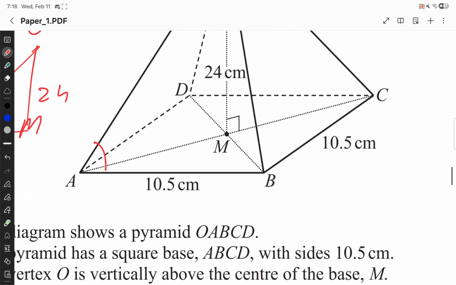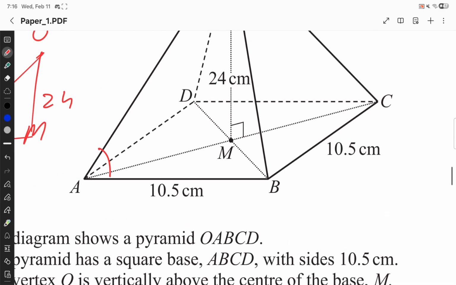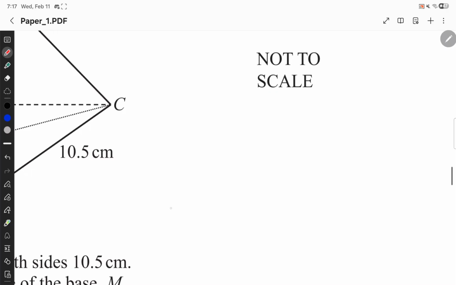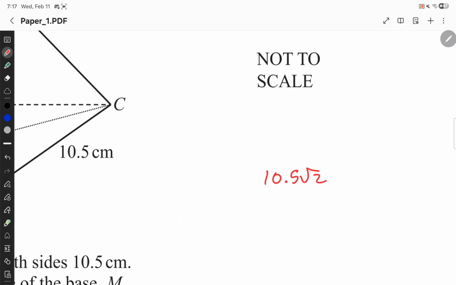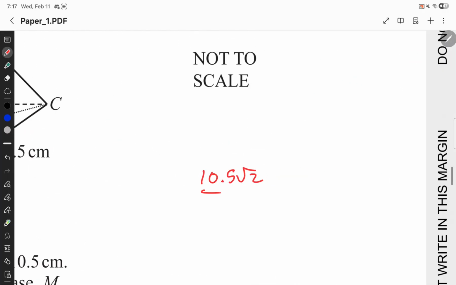So we need to find AC, which is the diagonal of the square, squared, and this is 10.5 root 2. Nice. Then we half this length. This is then 5.25 root 2.